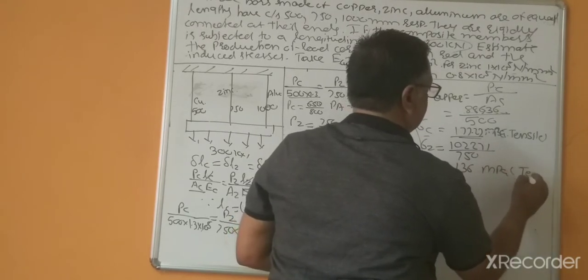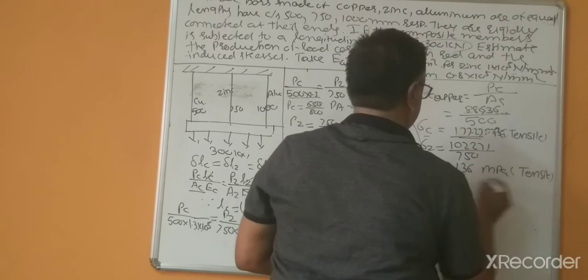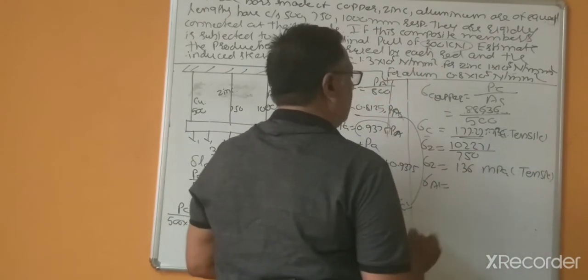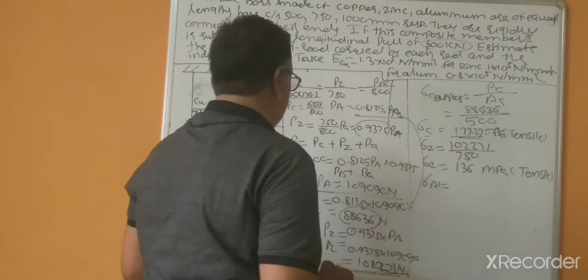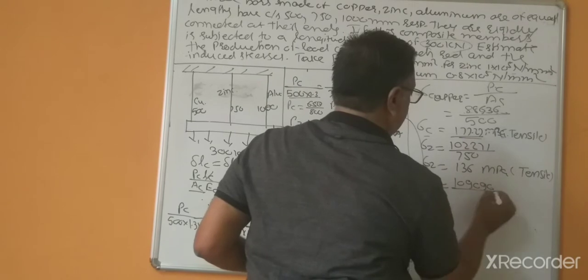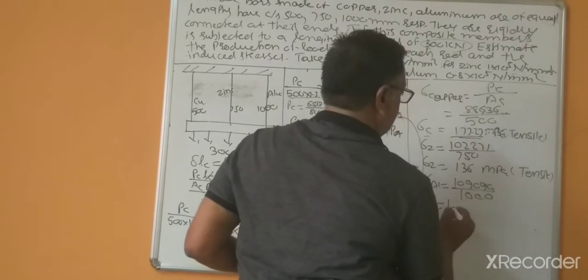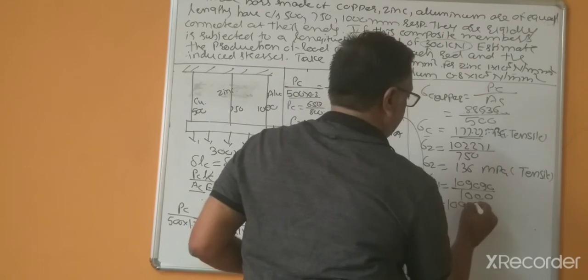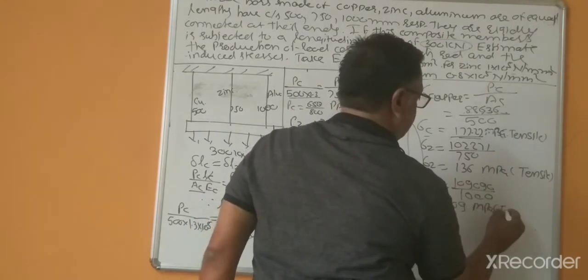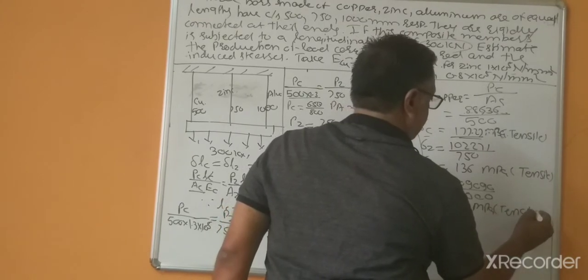Again this is tensile. And the third material is aluminium. For aluminium, load is 109090 divided by area 1000. So this is equal to 109 megapascals, and this is also tensile.